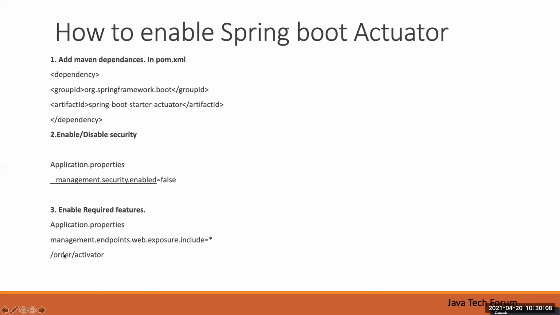By default, the Spring Boot Actuator will append the context actuator. So if you use any other application context in your application, along with that it will append the actuator context, and from there you can access the Spring Boot Actuator services.